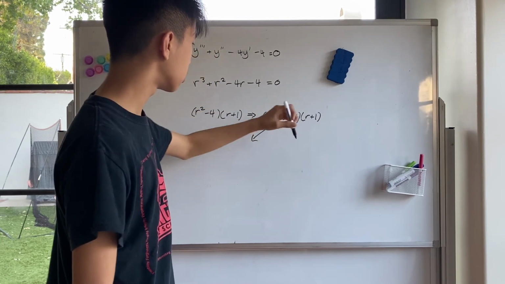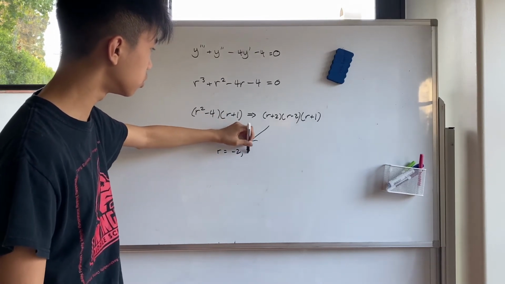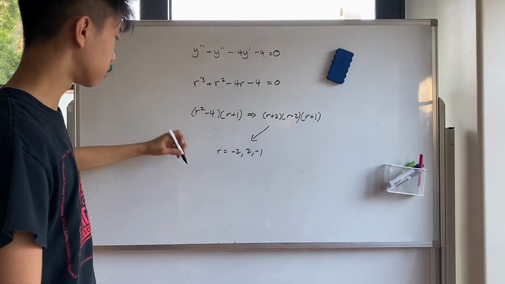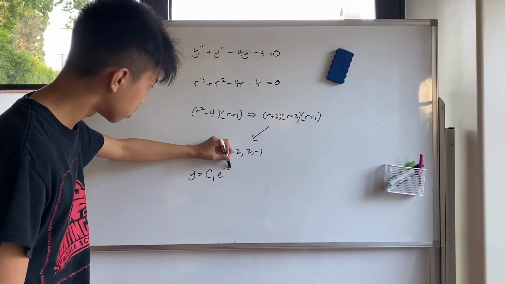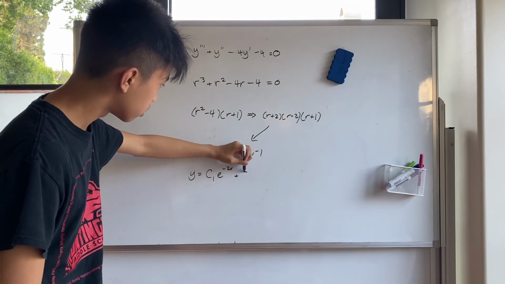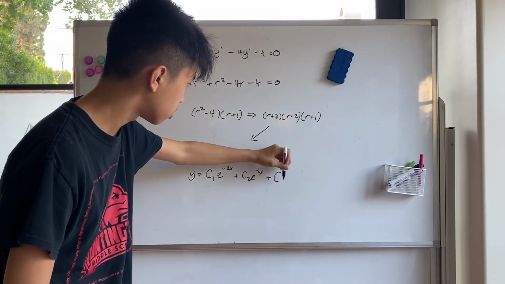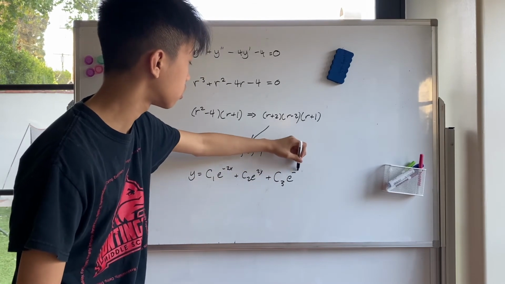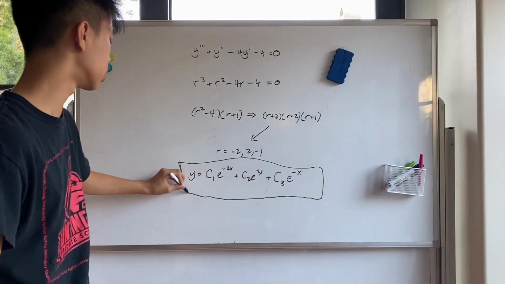So, it looks like our zeros are -2, 2, and -1. So, we can plug this into our formula. And that is our solution to this differential equation.